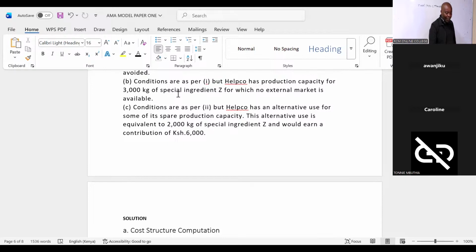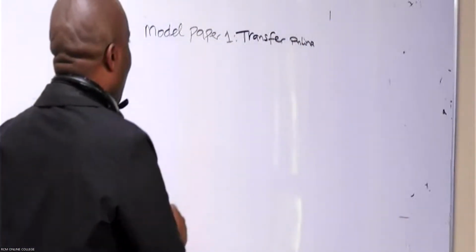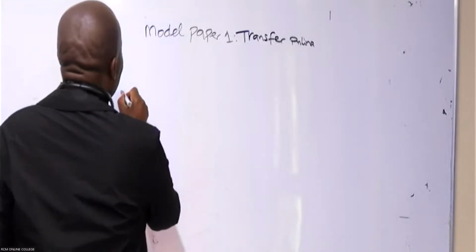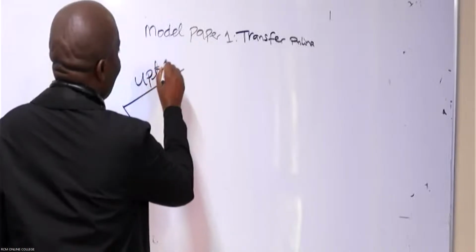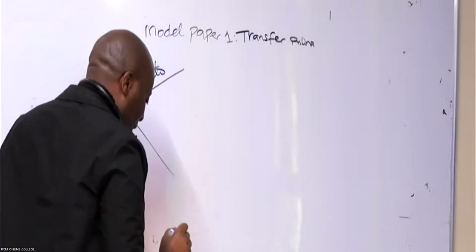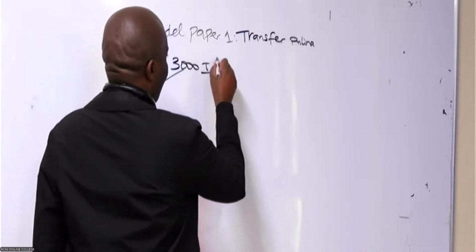Ladies and gentlemen, now there are two issues here. So we have two scenarios. The first scenario is where we are told that we have up to how many? Is it 3,000 idle capacity, or 2,000?